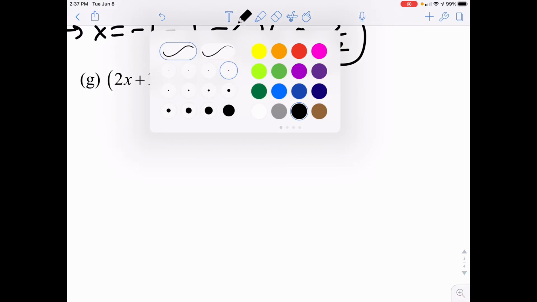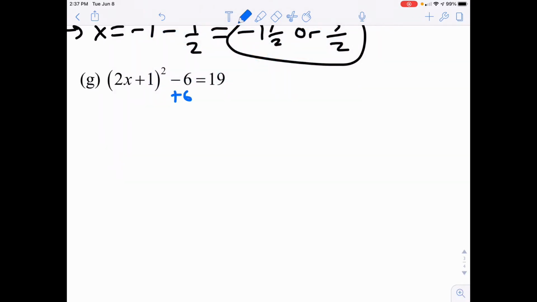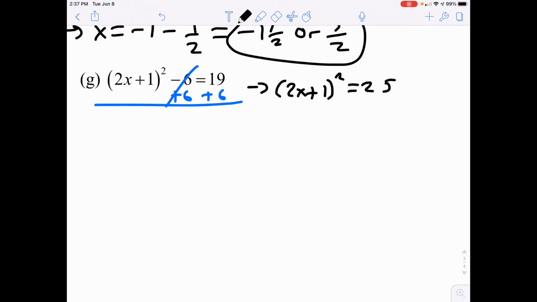In this one, we're going to add 6 to both sides. And so we get the quantity 2x plus 1 squared equals 25 when you add those two together.